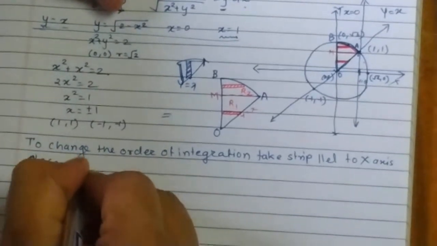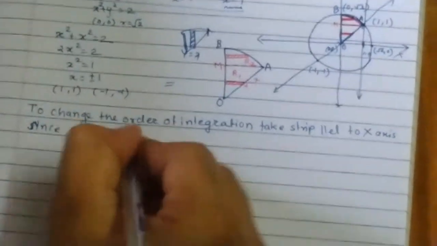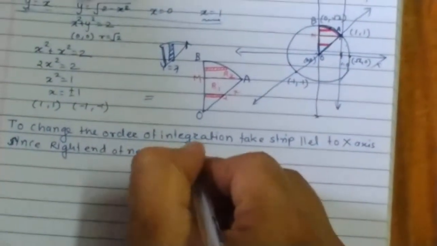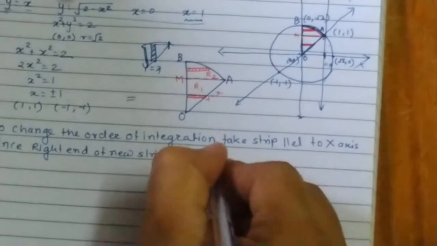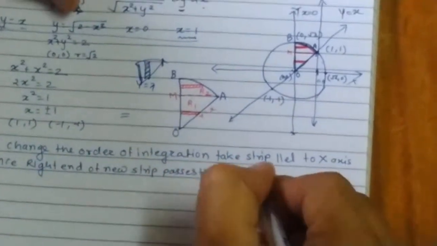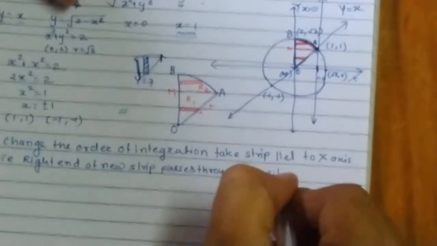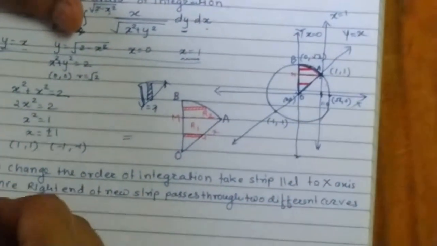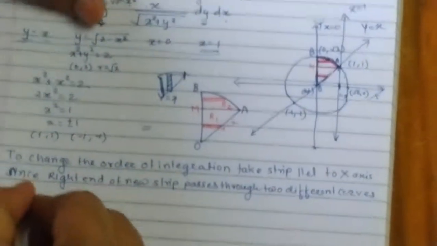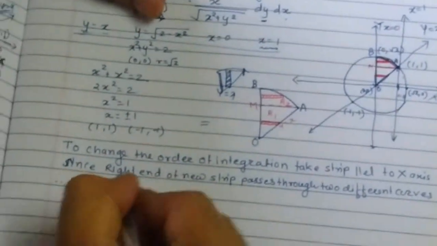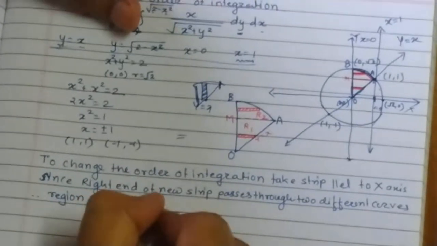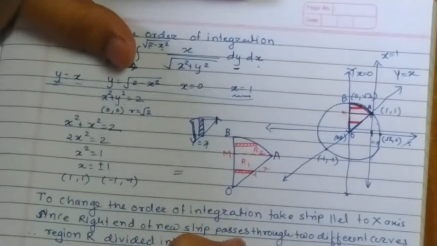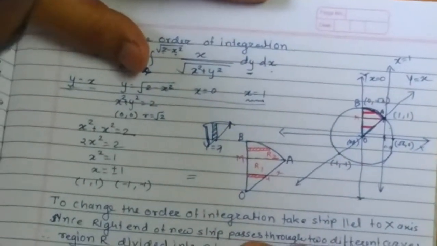Since the right end of this new strip passes through two different curves, therefore the region R is divided into sub-regions R1 and R2.